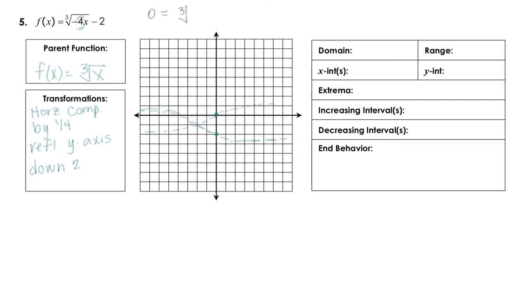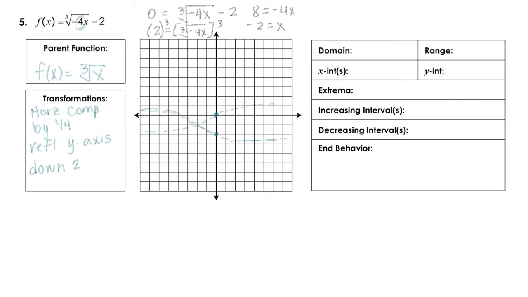We're going to have the cube root of -4x, and then minus 2. So that's going to give us 2 equals the cube root of -4x. And we need to cube both sides. So that's going to give us 8 equals -4x. So x is -2.